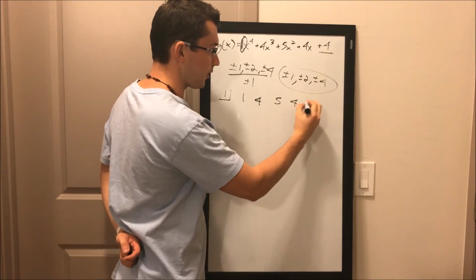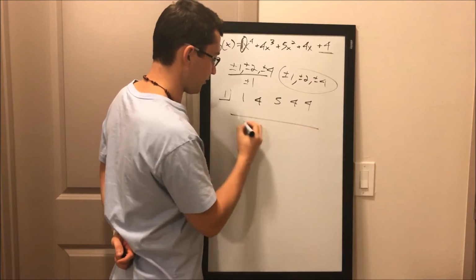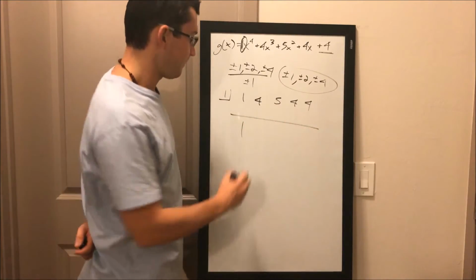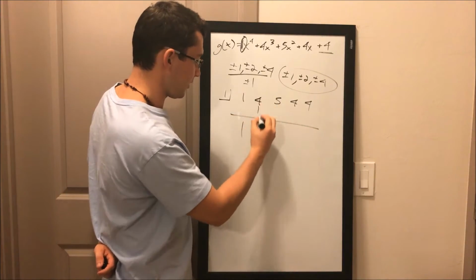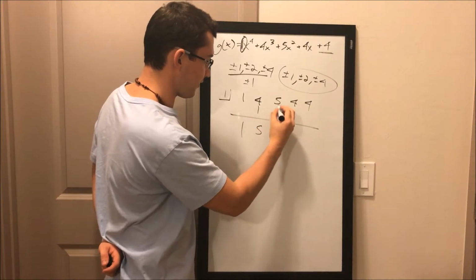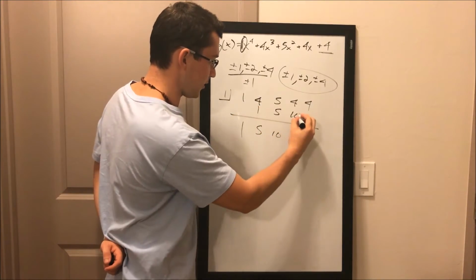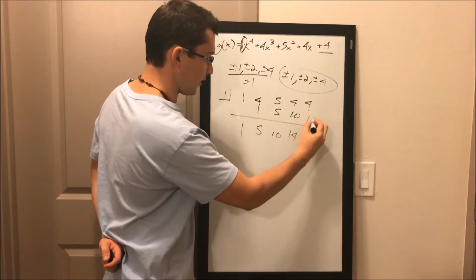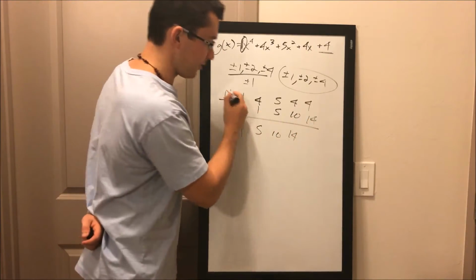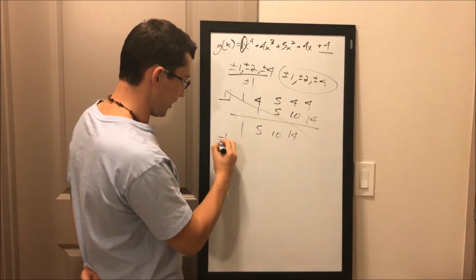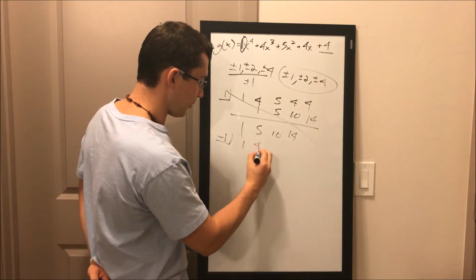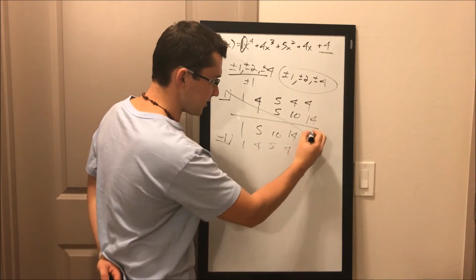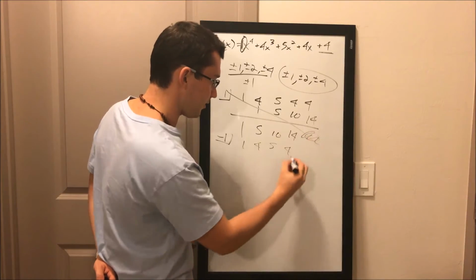1, 5, 4, 4. All right, bring the first term down, and now I go to town. Well, this one is 1. 5, 5, 10, 10, 14. Well, I know that's not going to give me 0, so that doesn't work. Now I do negative 1. I'm looking for what's going to give me 0 right here.